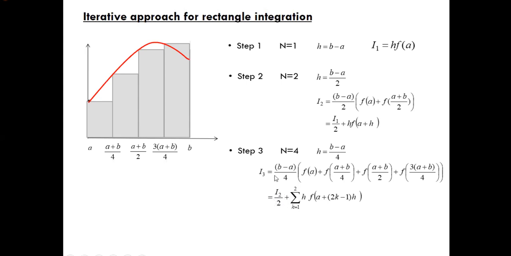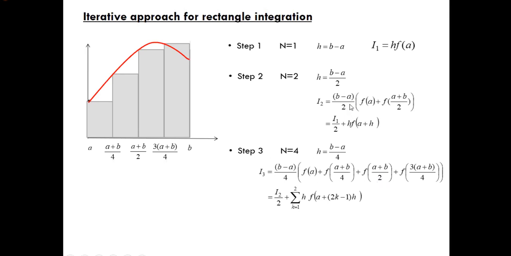I3 is equal to I2 over 2 plus the sum from k equals 1 to 2 of H multiplied by f of A plus (2k minus 1) H. Look, the I2 was (B minus A) over 2 times f of A plus f of B over 2, and this one plus this one multiplied by (B minus A) over 4.